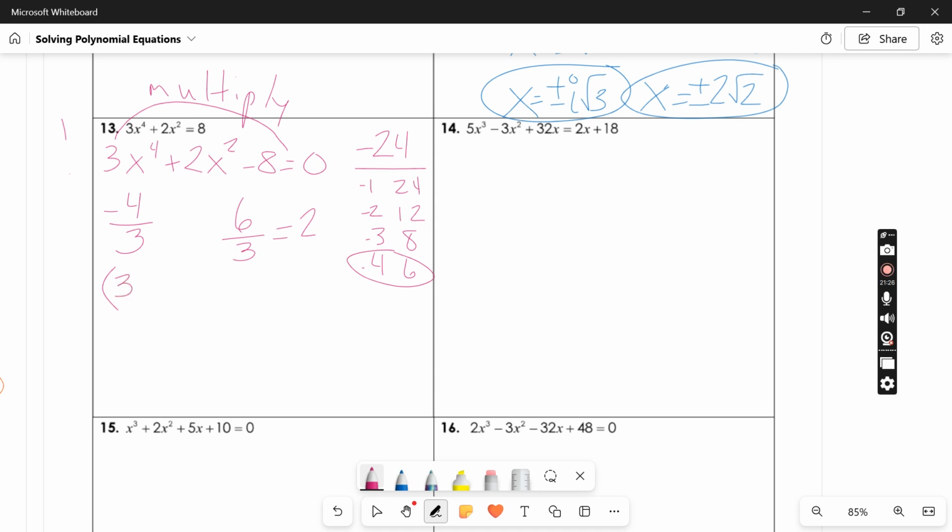If I were to write this as factors, it would be 3x squared minus 4 and x squared plus 2. Or you can go straight to their zeros. Their zeros are the opposites. So this would be x squared is equal to positive 4/3 and x squared is equal to negative 2. I do have to square root these.